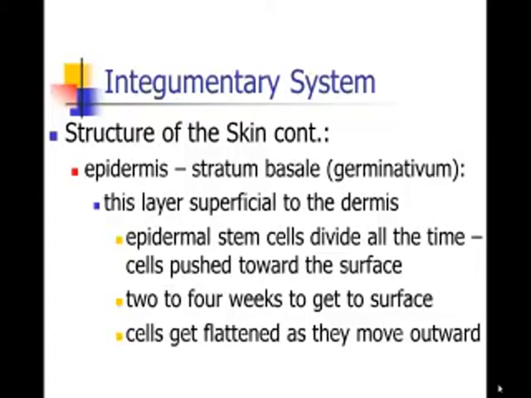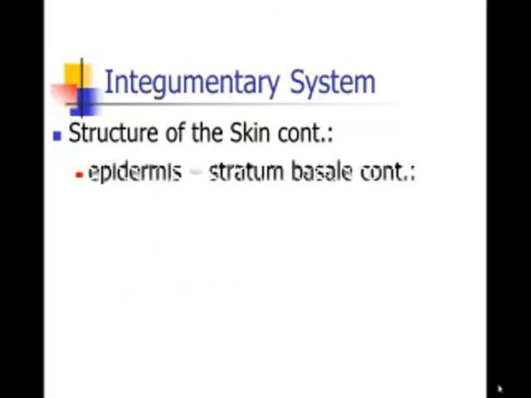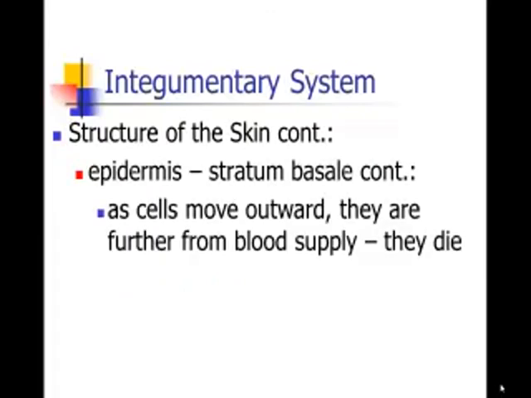And as the cells move toward the surface, they become flattened. So the cells, as they move outward, move further and further from the blood supply. As a consequence of that, they die. And that's actually coupled with the keratin.